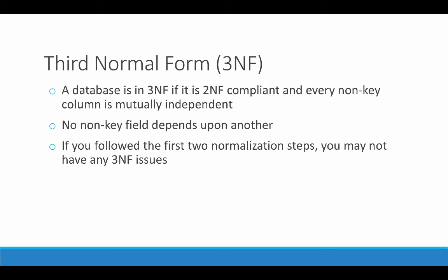No non-key field depends upon another. Oftentimes, if you follow the first two normalization steps, you may not even have any third normal form issues to work out. Oftentimes those first two are going to take care of any normalization issues that you have in cleaning up a table.